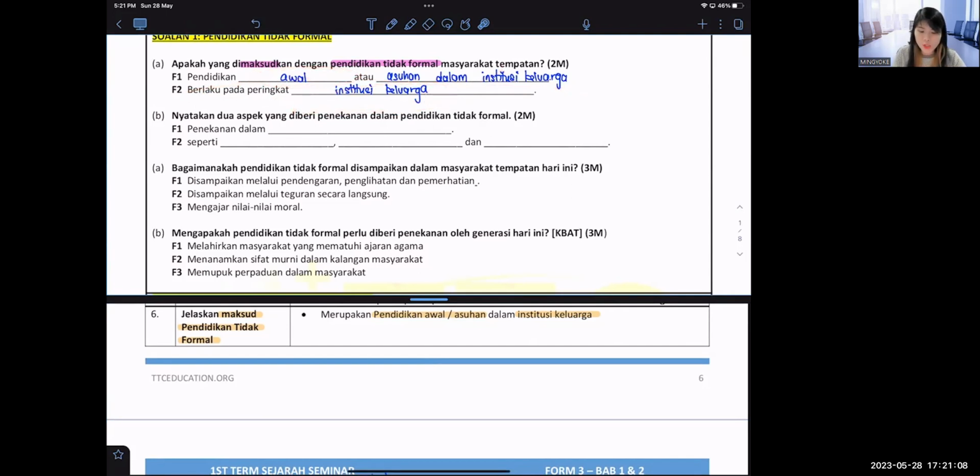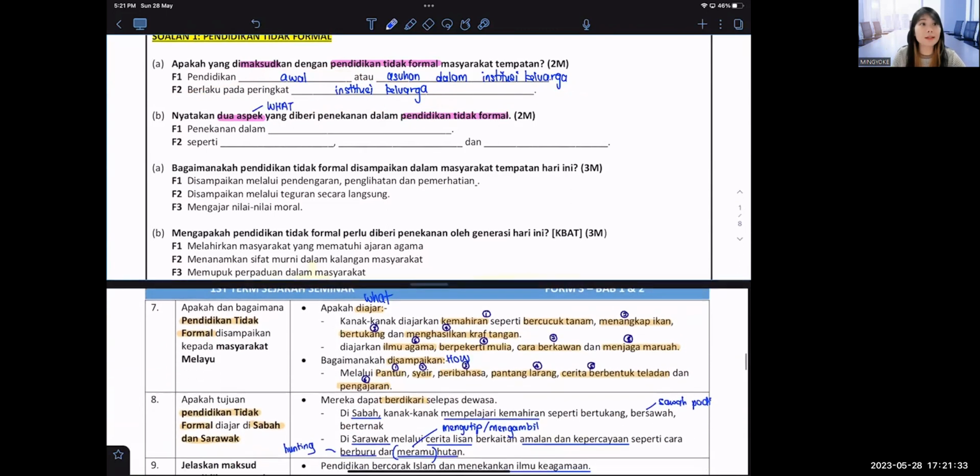Easy. Then you continue practice. After class today, you go and practice. Okay? You can practice, for example, dua aspek pendidikan tidak formal. Pendidikan tidak formal, meaning aspect means what they learn.